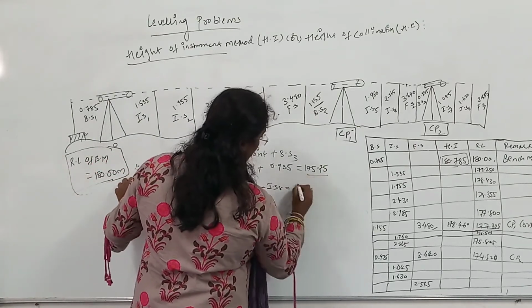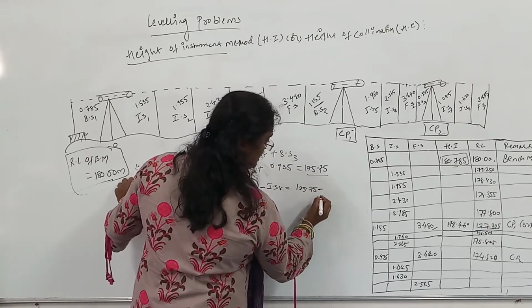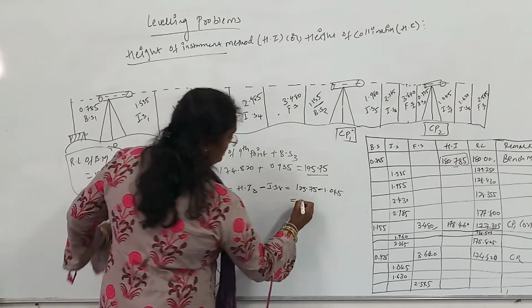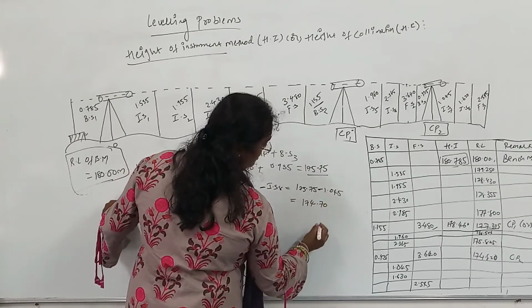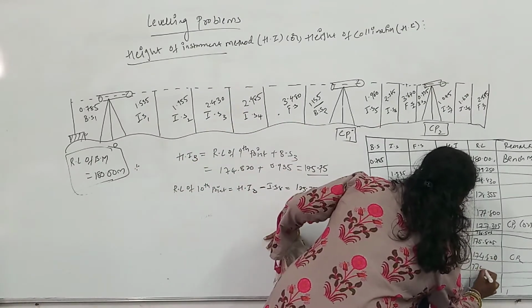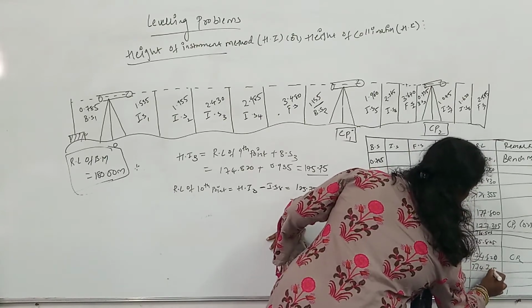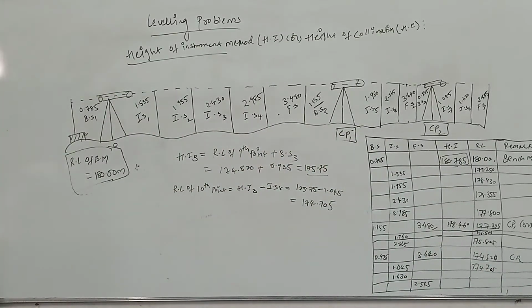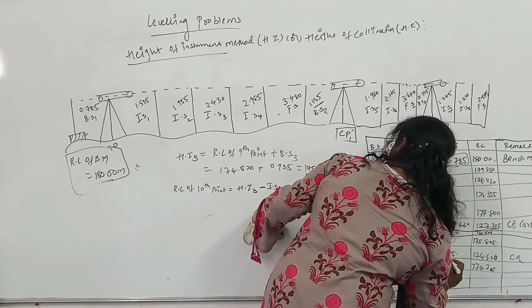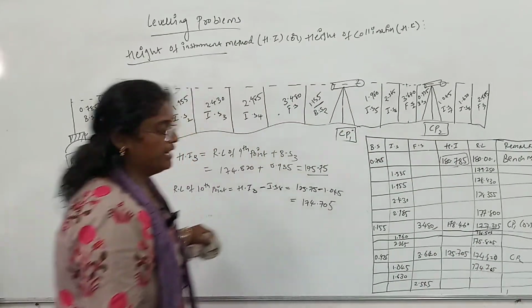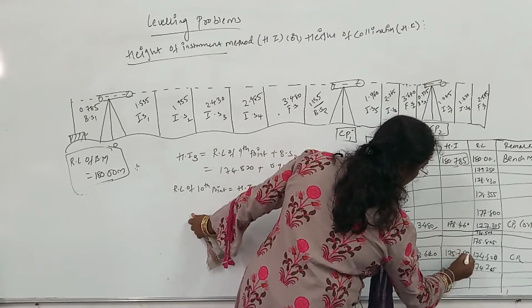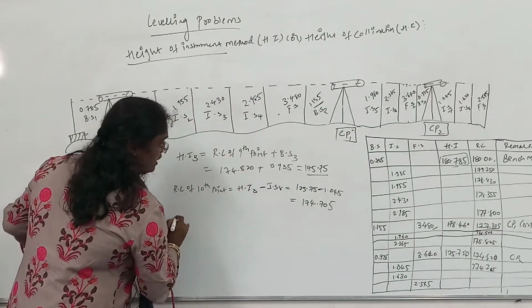How much is the value? 175.75 minus 1.04 is 174.705 meters. I placed it.